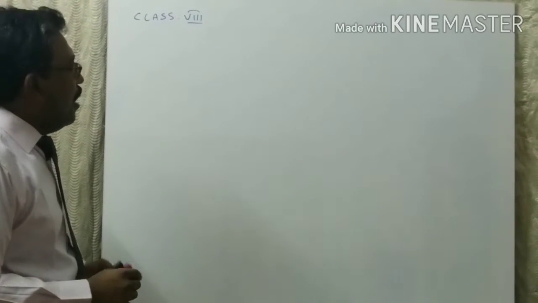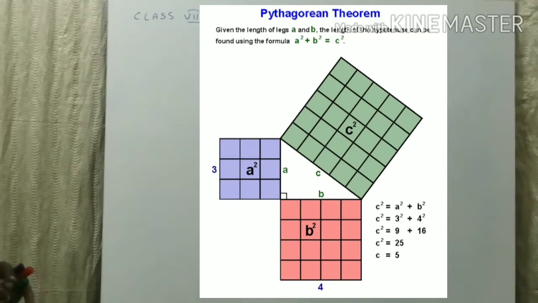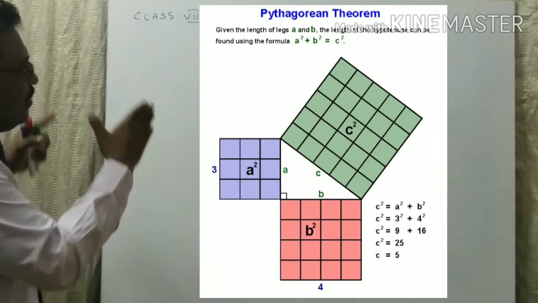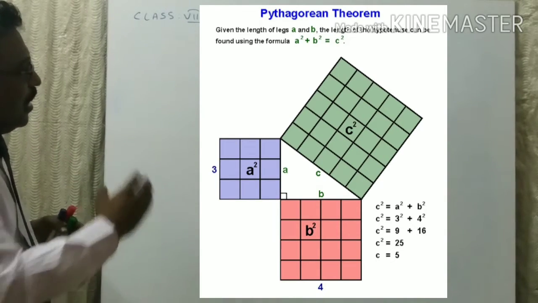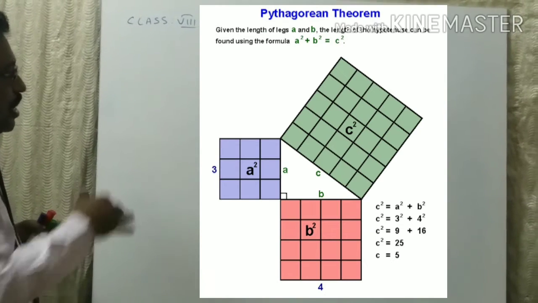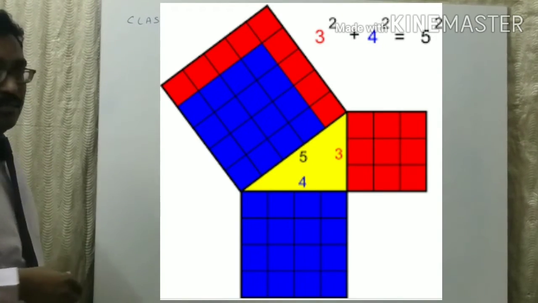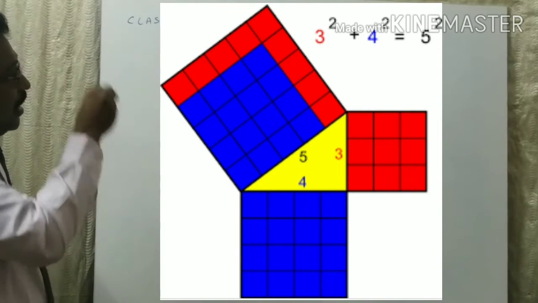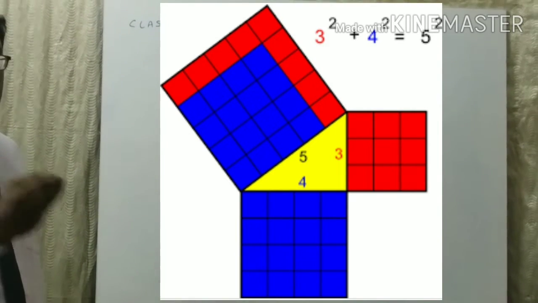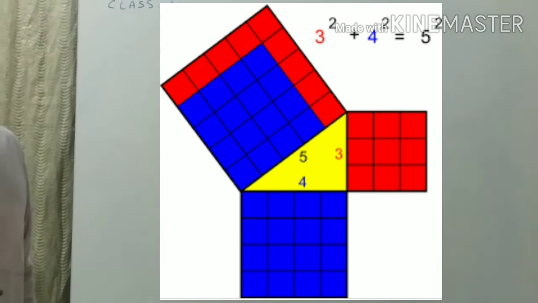Now, look at this picture. One side is in one color, the other side in another color, and the hypotenuse square is divided into two different basic colors. So it gives clear information about the Pythagoras theorem.